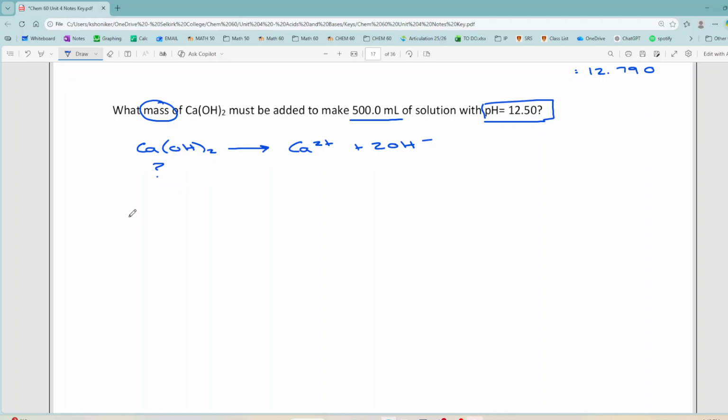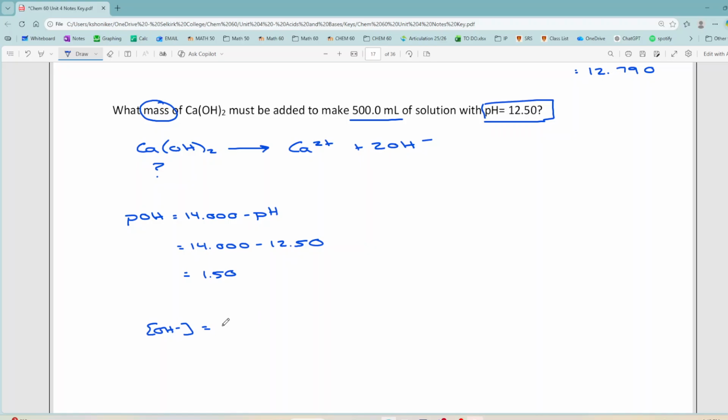If we want to find the pOH, we're going to do 14 minus the pH. So 14 minus 12.5 is 1.50, maintaining precision.